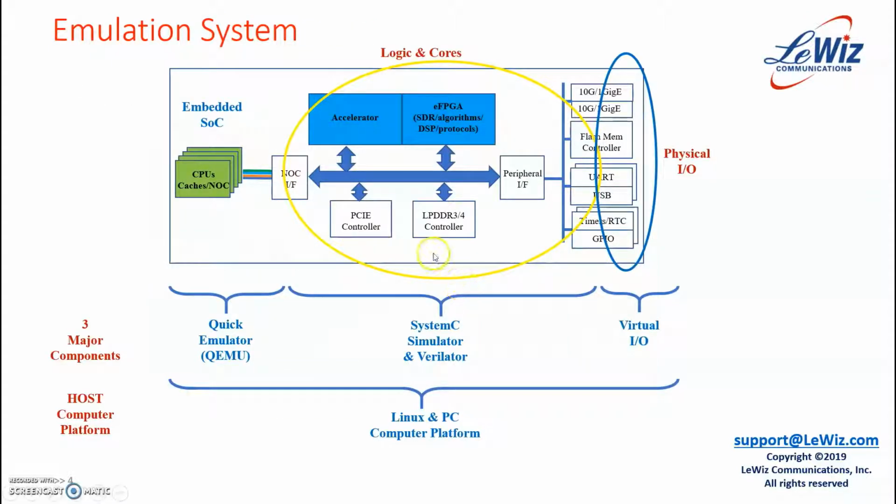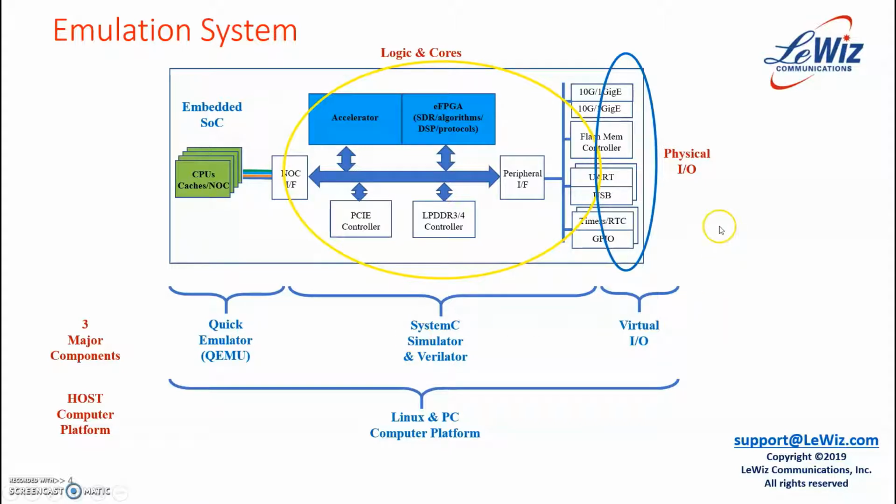The way we do the emulation system is we divide it up into 3 segments. On the left-hand side, you see the CPU here, which we emulate using the QEMU emulator. For the logic and the cores, we use the SystemC simulator to emulate those functions, which allows you to exercise real RTL code, such as Verilog or VHDL.